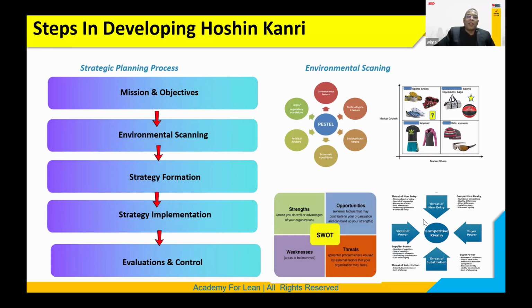First you set the standards, then you understand the current state. Where are you now? And the barriers or challenges for you to achieve the target. For that, there are many tools we can use. If you have time, just Google it and see, or you can use a lot of videos on this.